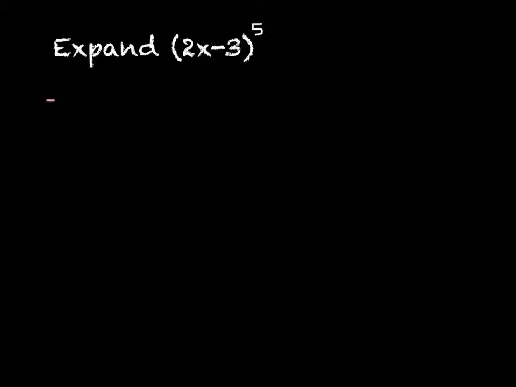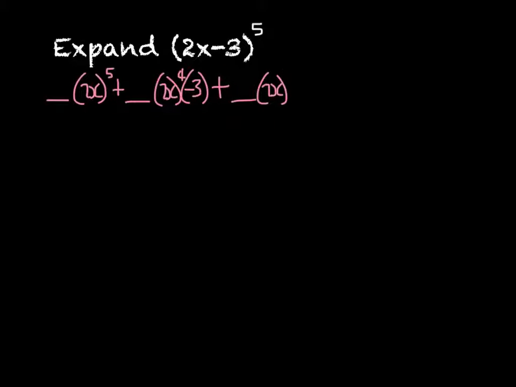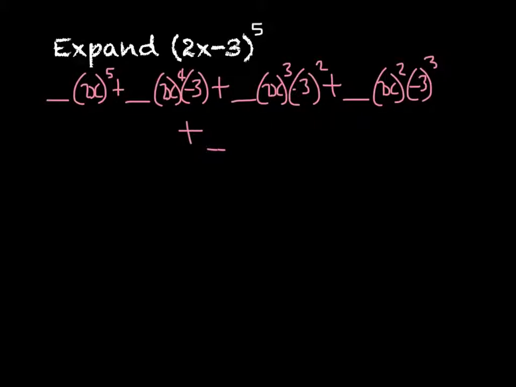So we have coefficient 2x to the 5th plus coefficient 2x to the 4th and our last term, coefficient negative 3 to the power of 5.